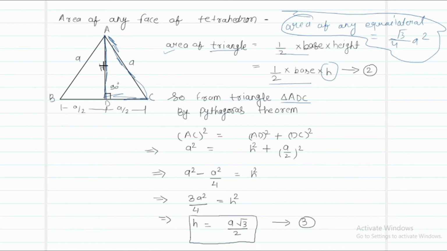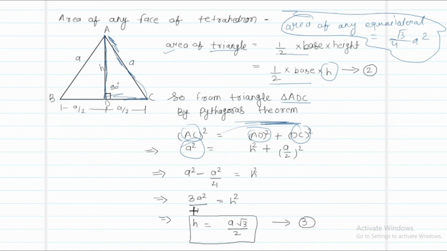For finding the height we take triangle ADC. In ADC, the hypotenuse is AC, the length is AD and the base is DC. By using the Pythagoras theorem, the hypotenuse is a, the height is h and the base is a upon 2.